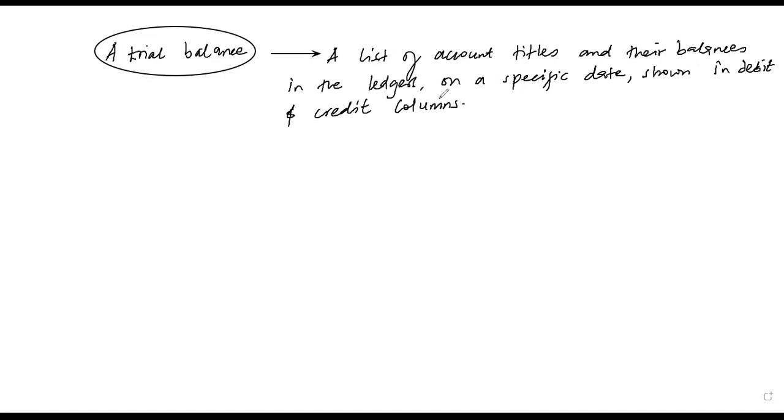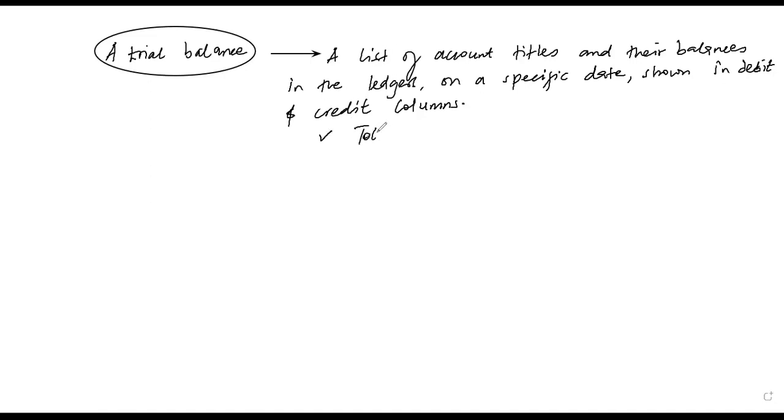So after entering the different transactions in the ledgers, we have to balance off the ledgers. Then after balancing off the ledgers, the next step is to prepare what we call a trial balance. Don't forget that in the trial balance, total debit balances should be equal to the total credit balances.